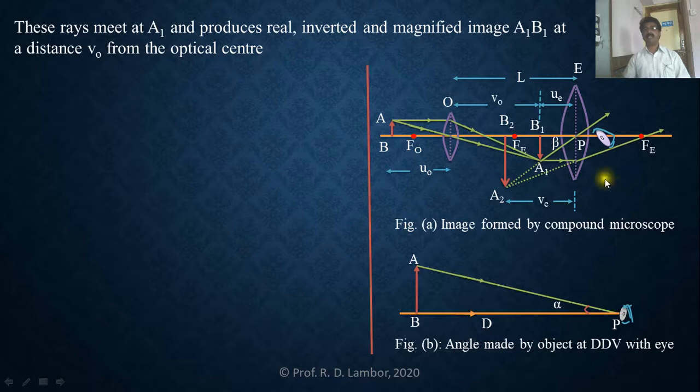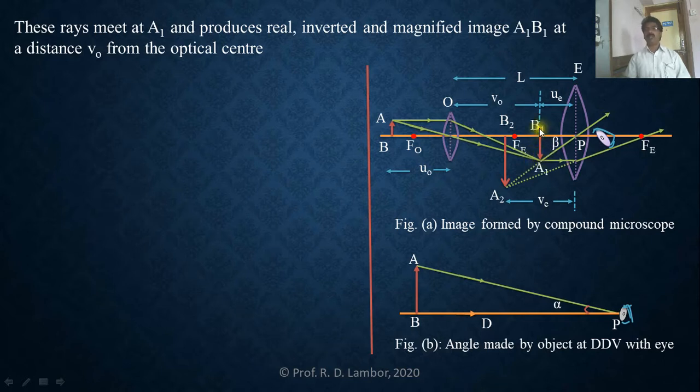You can see here in this ray diagram, these are the two incident rays. After refraction, they meet at point A1 and produce the image A1B1. At what distance? At distance VO from the optical center of the objective. And this image A1B1 formed by the objective is inverted, isn't it? So it is real and magnified.